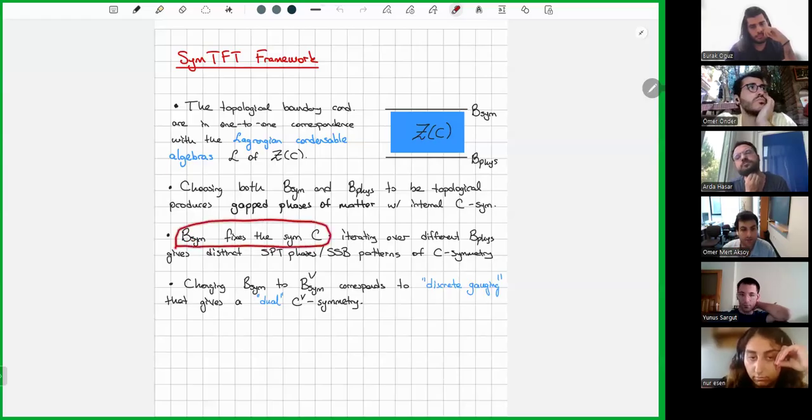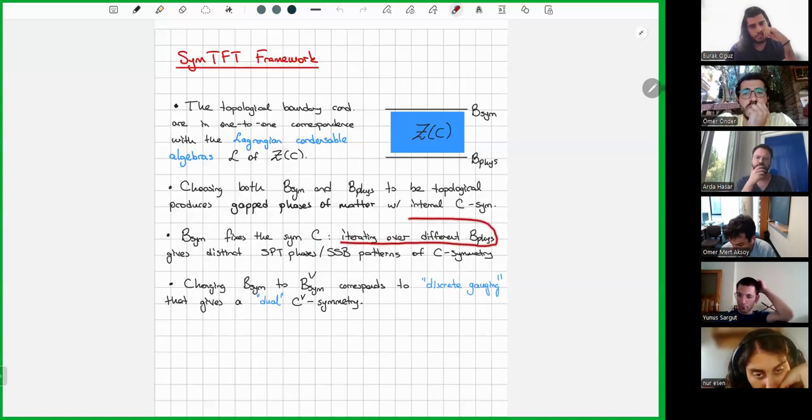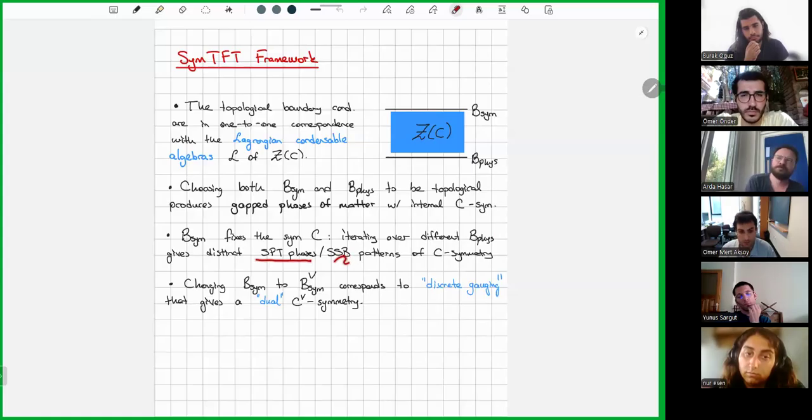So you'll see that different top boundary conditions correspond, in principle, to different symmetries. Once you fix such a top boundary, if you iterate over all possible topological boundary conditions for the bottom boundary, you would get all possible gapped phases of matter, which, since we are in 1+1D, are essentially SPT phases or spontaneous symmetry breaking patterns or some combination of them, of this global C symmetry. And I emphasize that it is an internal symmetry in this case.